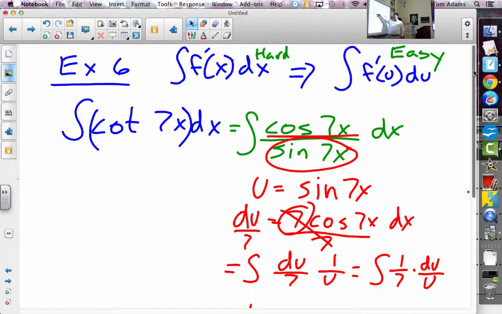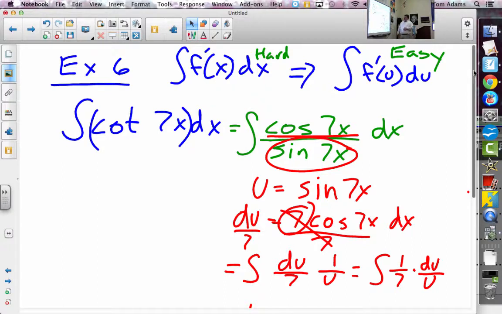We start off with f prime of x dx, and we want to integrate that. And you could say f of x. You don't have to use the prime notation. I'm using it to let you know that we're going in the opposite direction. So I remember that cotangent is the same as cosine over sine. Cosine and sine have that differential relationship where sine differentiated becomes cosine, and cosine differentiated becomes negative sine, and so on and so forth.